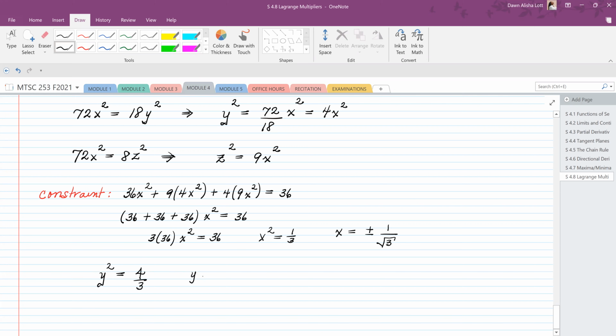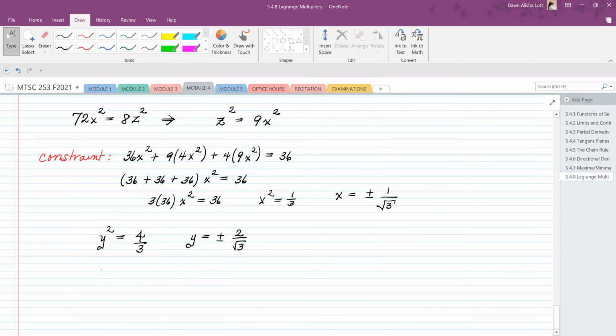So that says y is positive or negative 2/√3. And z squared is equal to 9 times x squared.